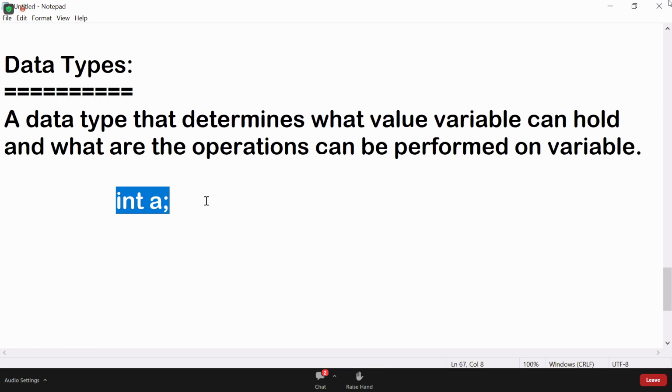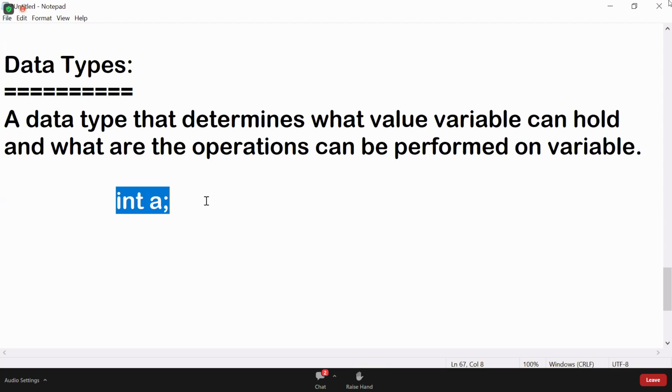And if string is there, very few are possible. Like addition, equals, not equals, less than, greater than are possible. But multiplication, minus, subtraction are not possible. Strings, like that: some operations possible, some not possible.